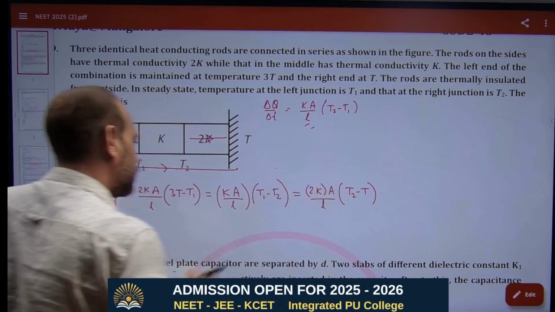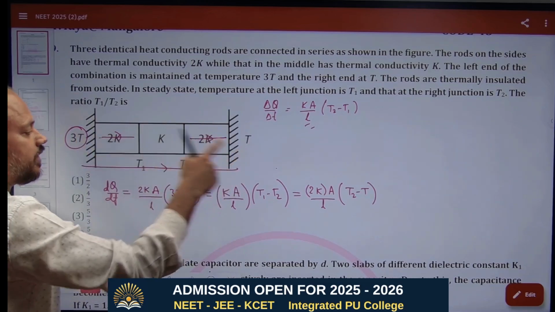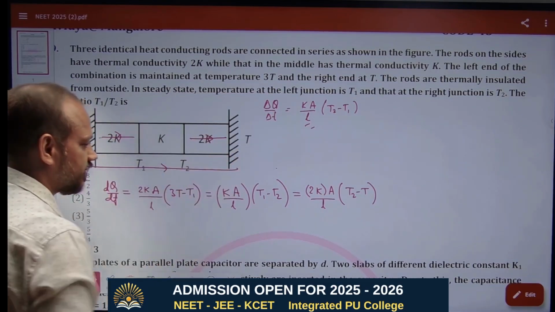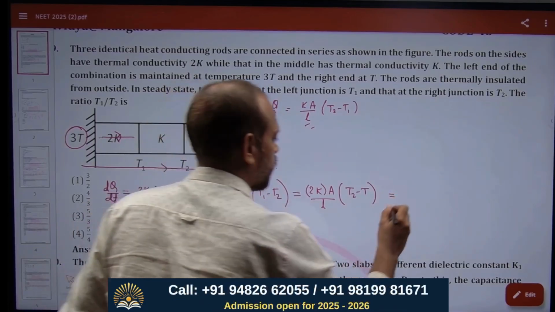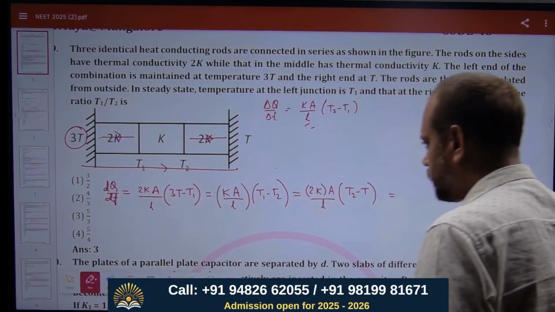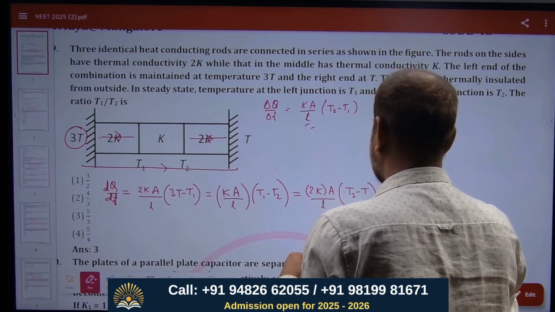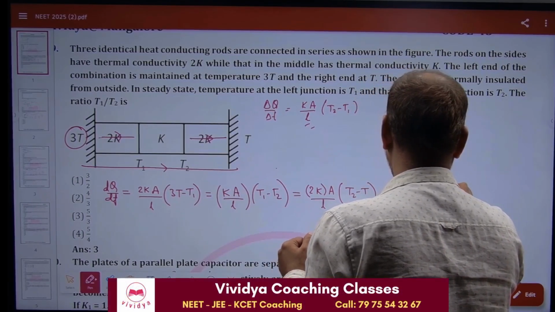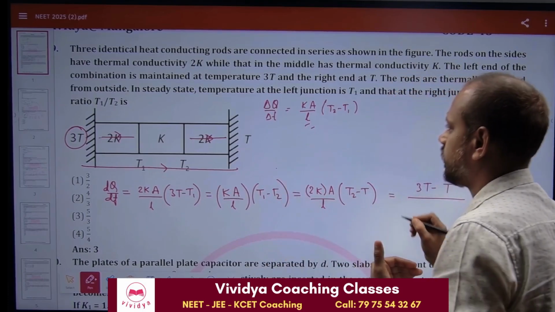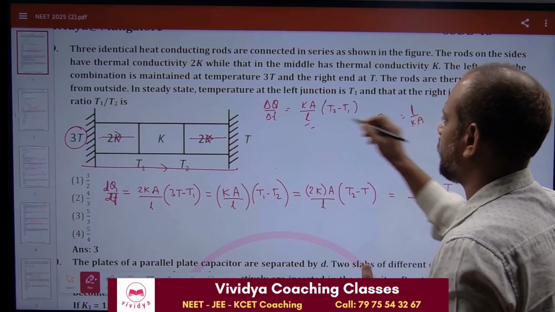Not only this, it is also equal to the heat current that will flow between 3T to T across all these resistances. They are all in series. So let's write down that as well. So this also will be equal to, you write down the total temperature difference, which is 3T minus T, and the total thermal resistance value is L by KA, just the inverse of this term.